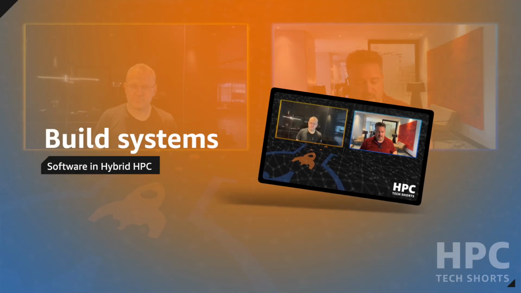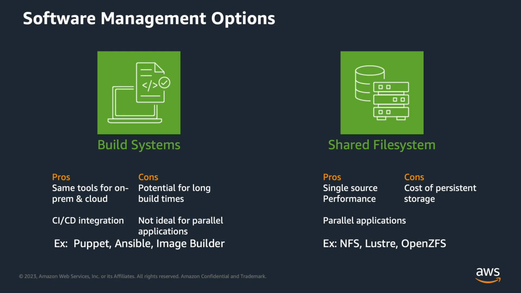So this is going to be very traditional infrastructure and configuration management tools, Puppet, Ansible, that kind of thing. This is something that people are probably familiar with because they'll use this in CI/CD pipelines in an on-prem environment.